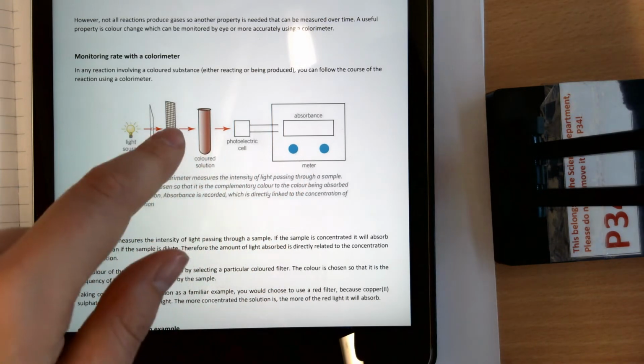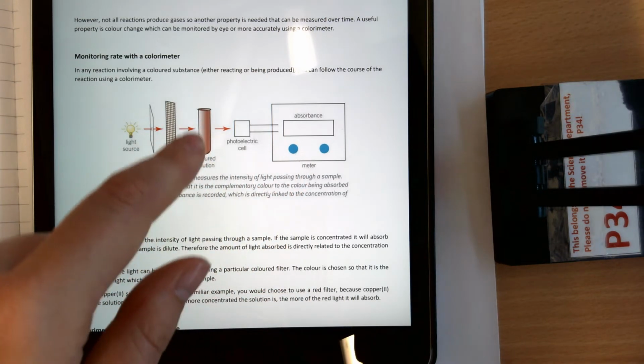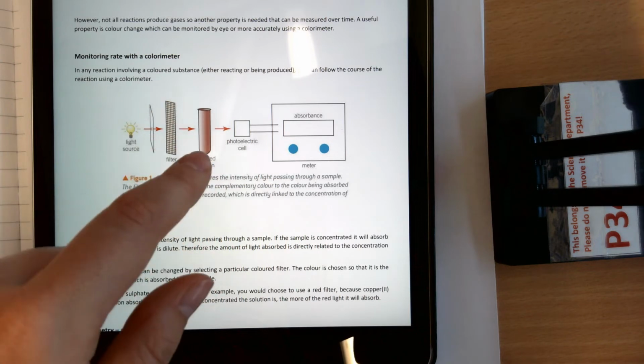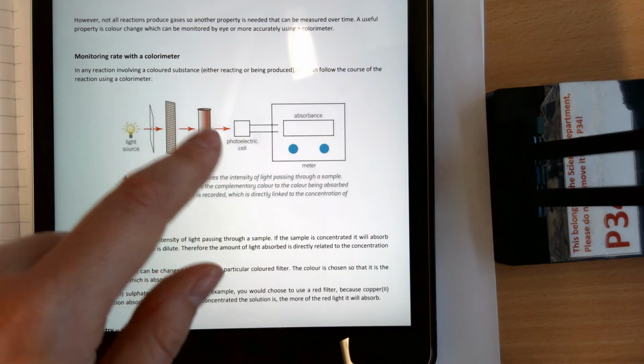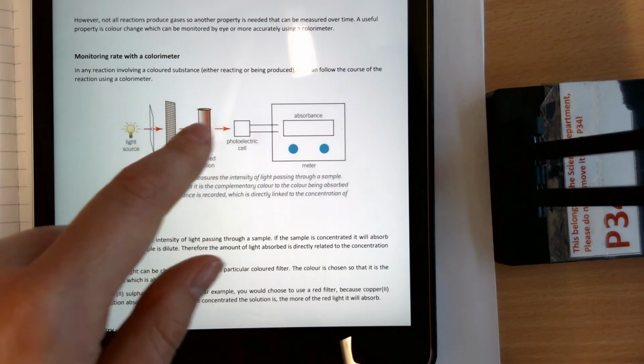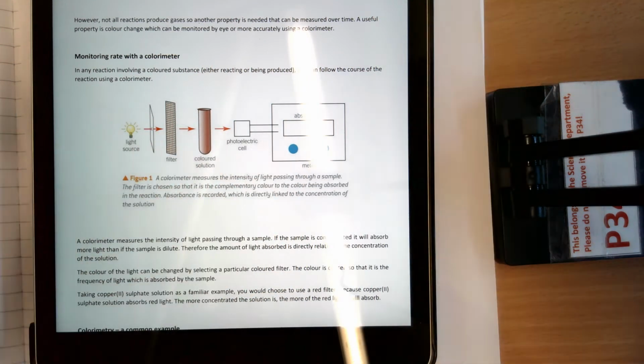And you can use a special filter depending on the solution you've got. So in the question we're looking at iodine. Iodine is a brown colour. You'll use a special filter for iodine, and the more concentrated your iodine is, the more light it's going to be able to absorb.